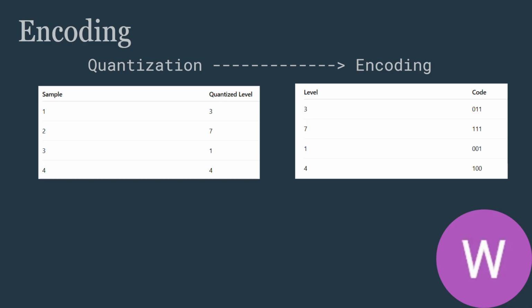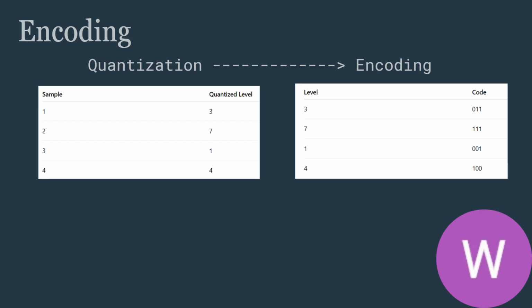So after quantization is encoding. Let's say from sampling, we have four samples, and then from quantization, we understand which level each sample belongs to. Let's say sample one belongs to the third level, and then level 7, level 1, and level 4 for the next few samples.